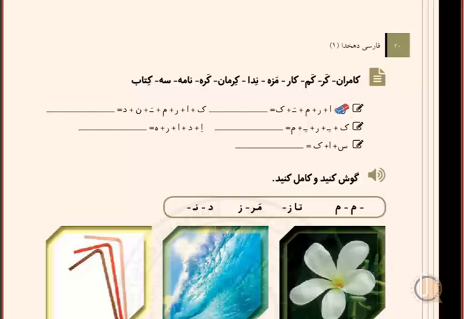Put together these sounds to make a word. Narmak. It's a name of a region in Tehran. Karmand, that is employee. You can also write it like this. Karmand.